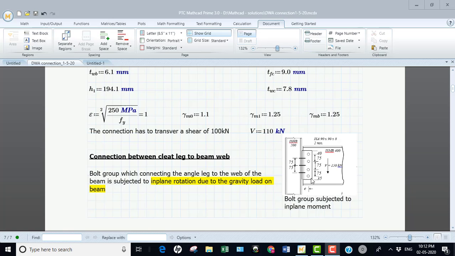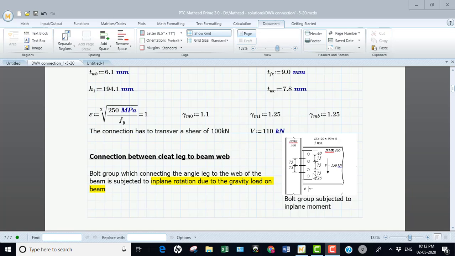One of the cleat angle legs is connected to the web of the beam. In this connection, the bolt groups are subjected to in-plane rotation. Each bolt group undergoes in-plane shear as well as in-plane rotation. We'll see how to calculate that critical force.